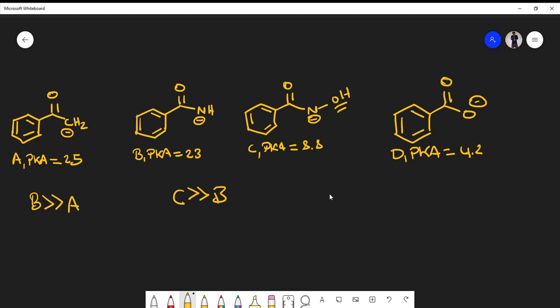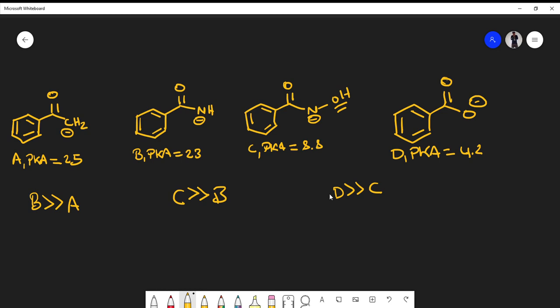Now, how can we explain why D is actually a stronger acid than C? Well, now this differs, right?